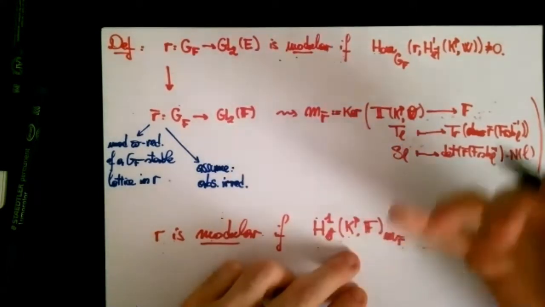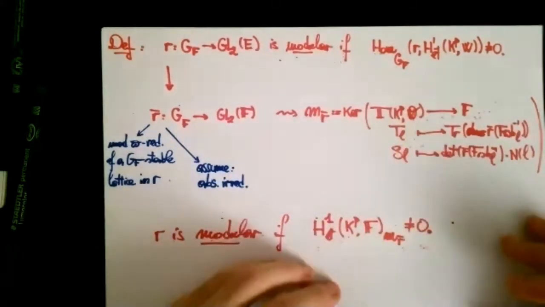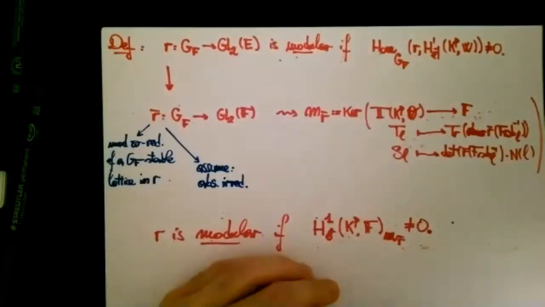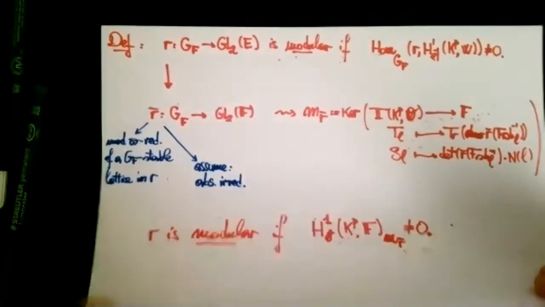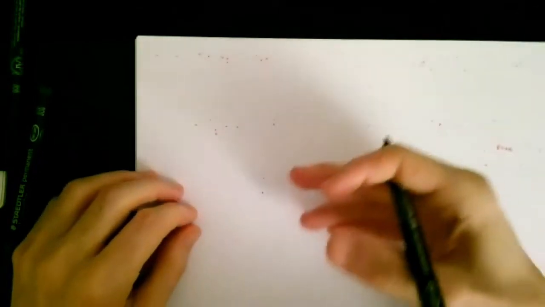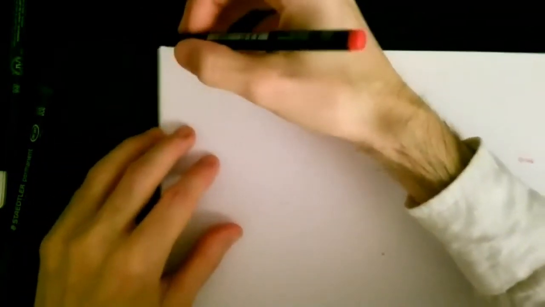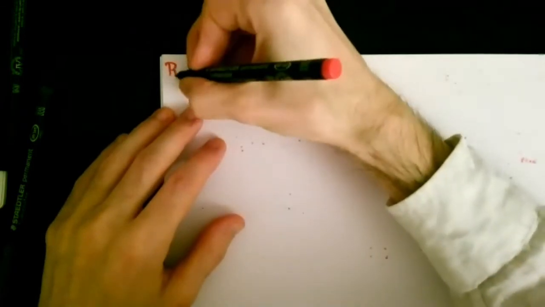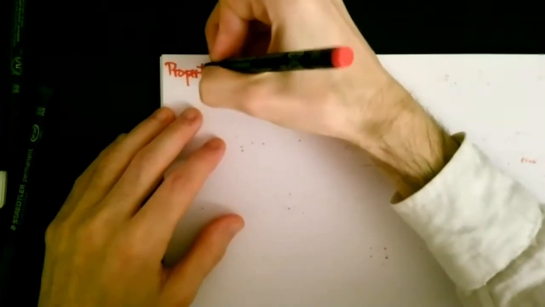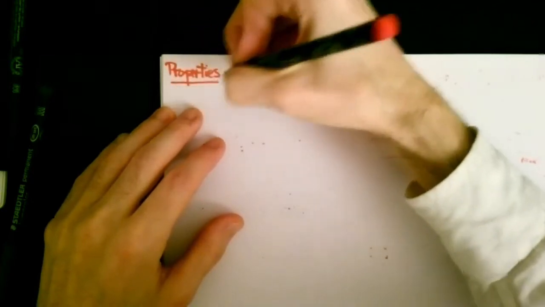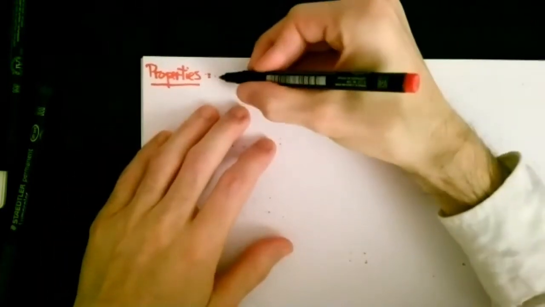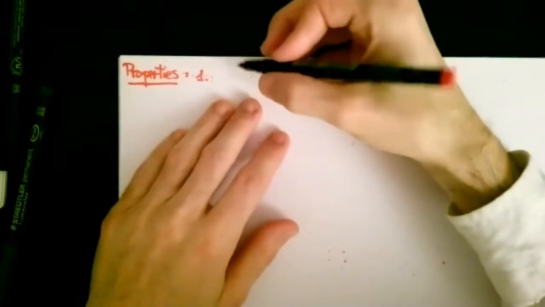This problem appears as soon as we leave the world of GL2. So what is important, and I would like to mention, are the following properties of the localization at the maximal Hecke ideal of the cohomology. We have some remarkable properties, which are the following. First of all, we have a natural isomorphism.